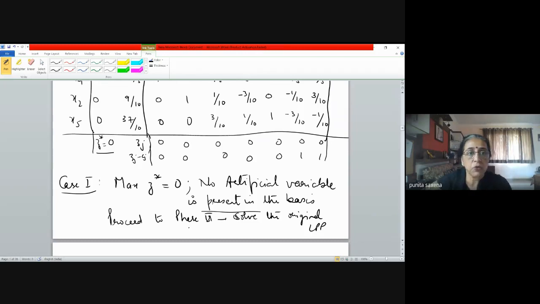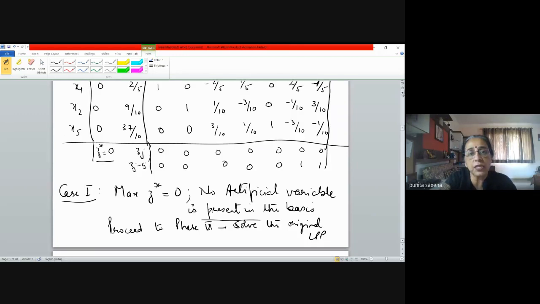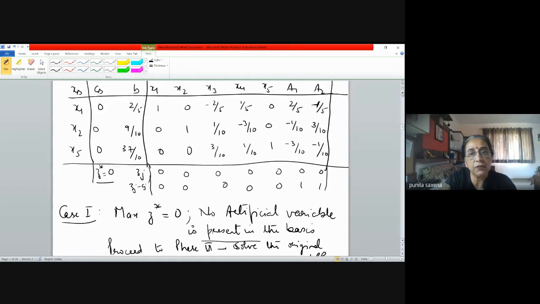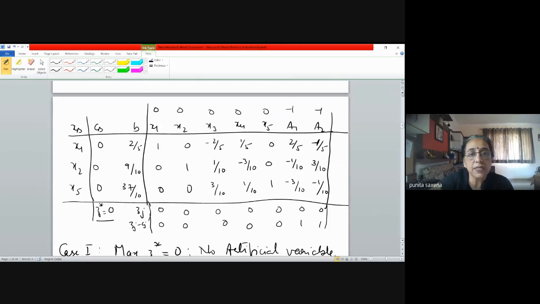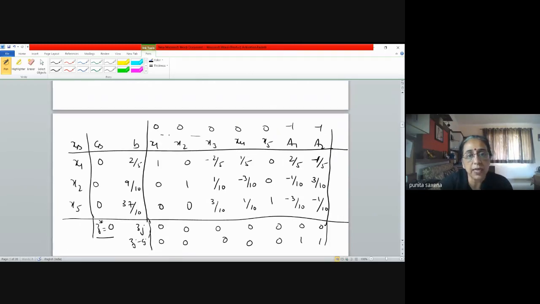What will be the difference here? In the optimal table for phase 1, the coefficients we considered for the basic variables are 0, but when we are solving the original linear programming problem, the coefficients are not 0. So we'll have to make changes in the Cjs there, but all other entries remain the same.